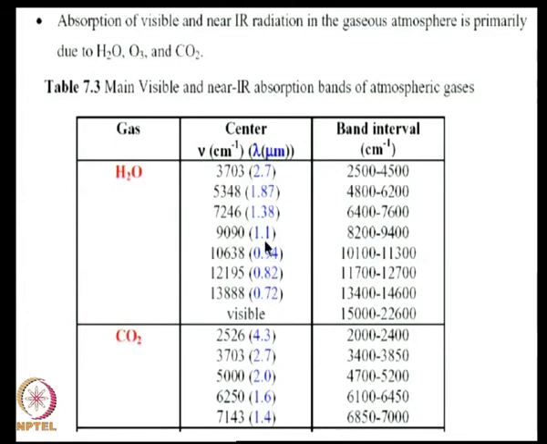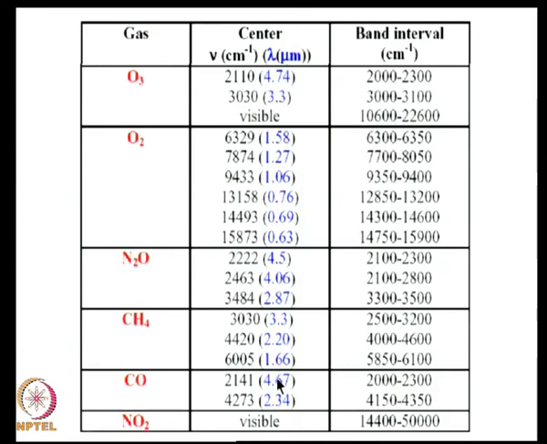So, 1, 2, 3, 4, 5, 6, 7 bands are indicated for water vapor here, and then there are 4 bands of carbon dioxide, more than 4 are there, 1.4, 1.62, 2.4.3, and in the case of ozone we have 2 important absorption bands. For oxygen there are many bands. Although oxygen does not have a permanent dipole moment, it does have weak absorption bands in the infrared. Then you have nitrous oxide, methane, and carbon monoxide.